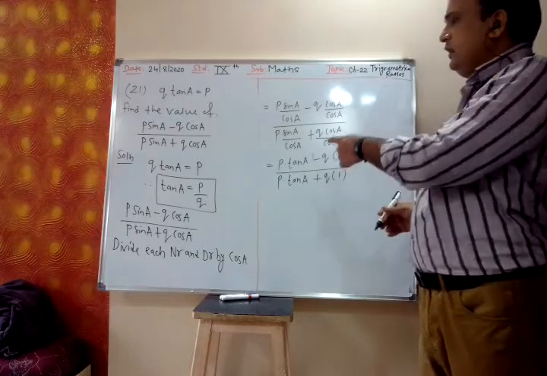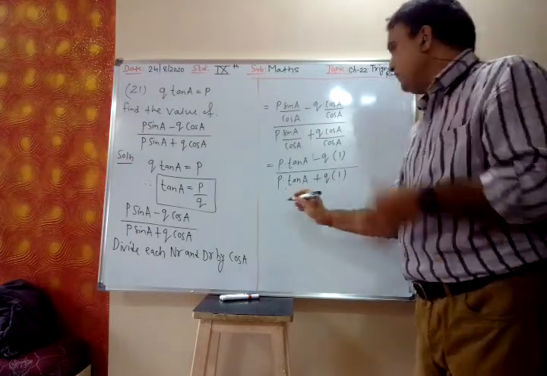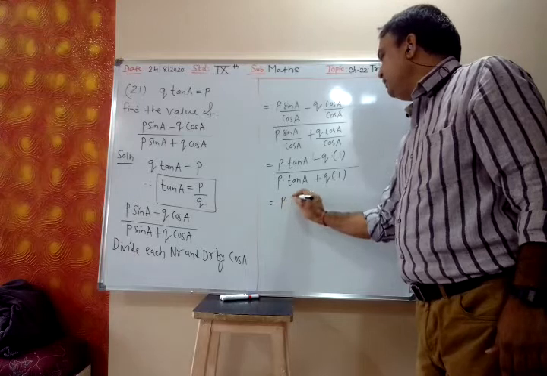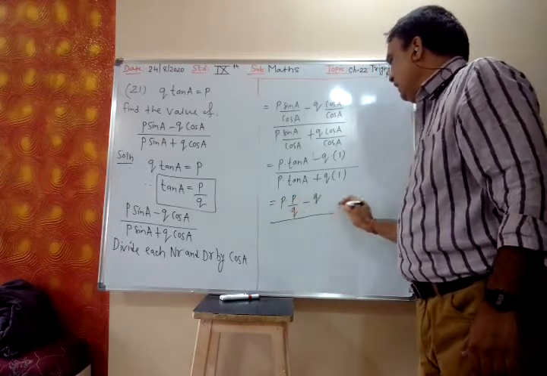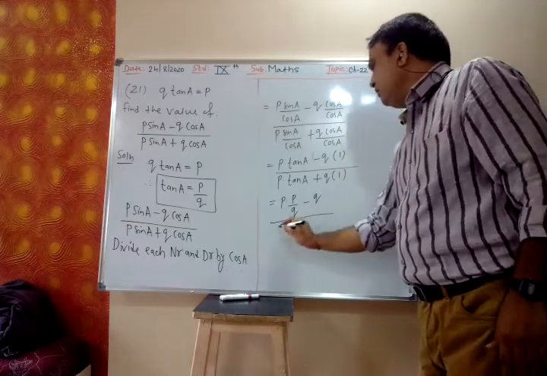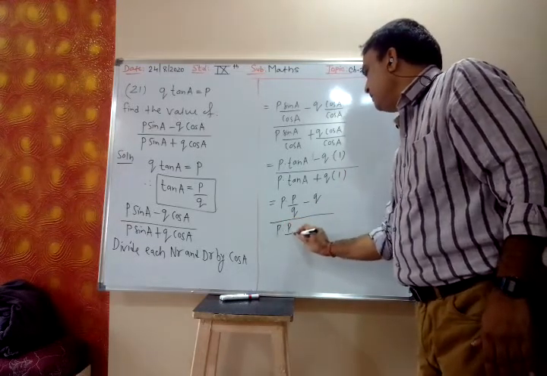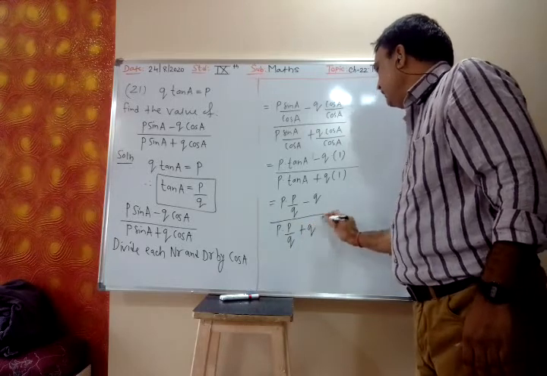Now we put the value of tan A. Tan A is P by Q. So that is P into P by Q minus Q upon P into P by Q plus Q. Now first you have to simplify.